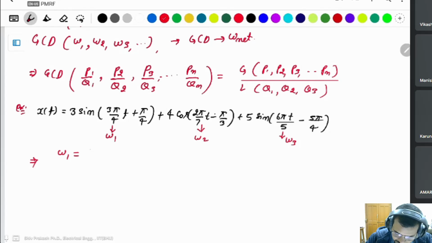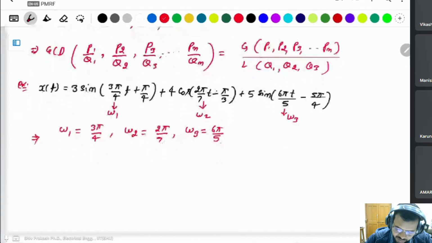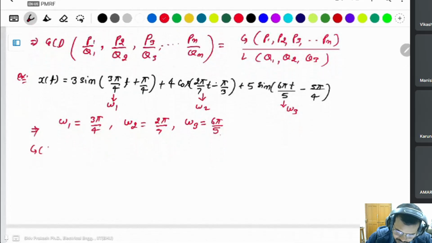And you can say directly omega 1 is 3 pi by 4, omega 2 is 2 pi by 7, omega 3 is 6 pi by 5. Then find the GCD of these. If there is no GCD, then the signal is not periodic in nature.